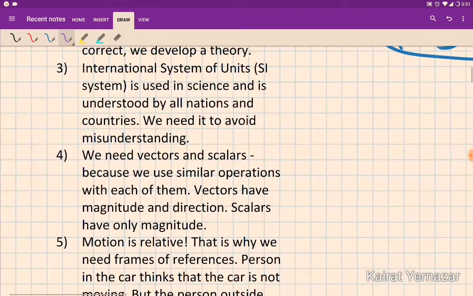The International System of Units is used in science and is understood by all nations and countries. We need it to avoid misunderstanding. For example, we all measure mass in kilograms, velocity in meters per second, distance in meters, and time in seconds. And there are many more examples like that.